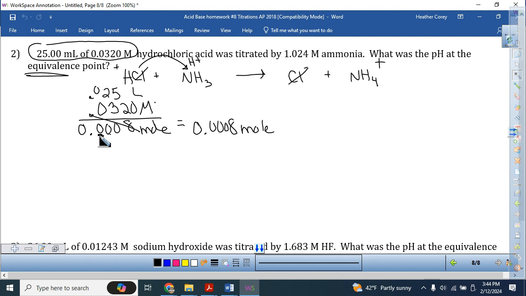And these are both going to get equally reacted with one another. Okay, what's going to form? We're going to get 0.0008 moles of NH4 plus formed.